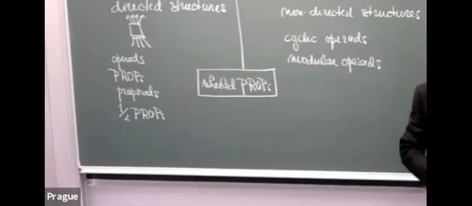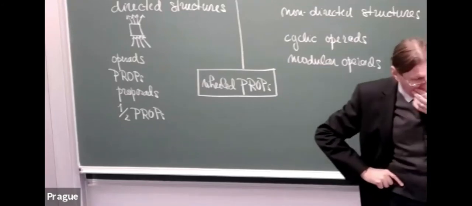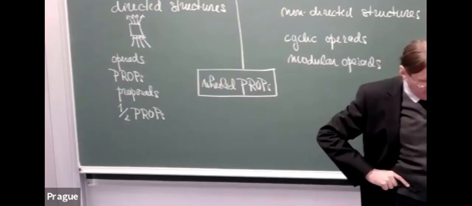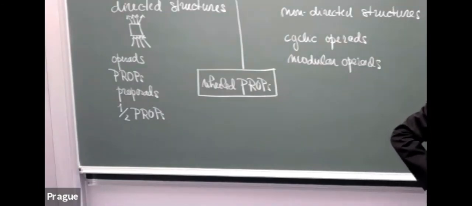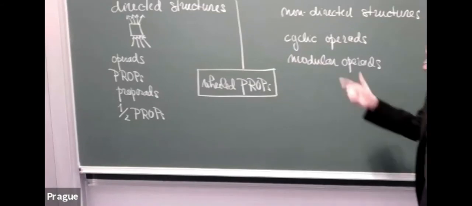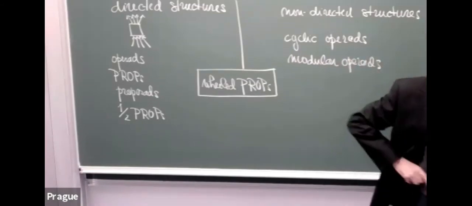So for me, operad-like or prop-like structures are characterized, at least from the point of view of this talk, by a class of graphs which describe the way the abstract operations are composed.